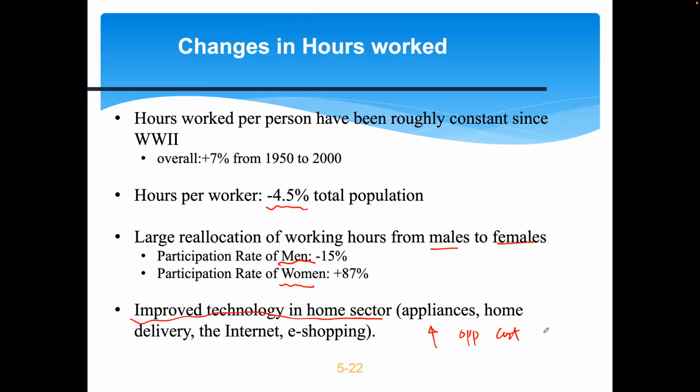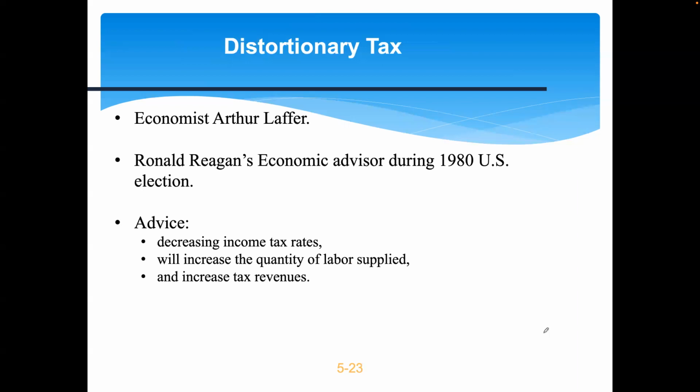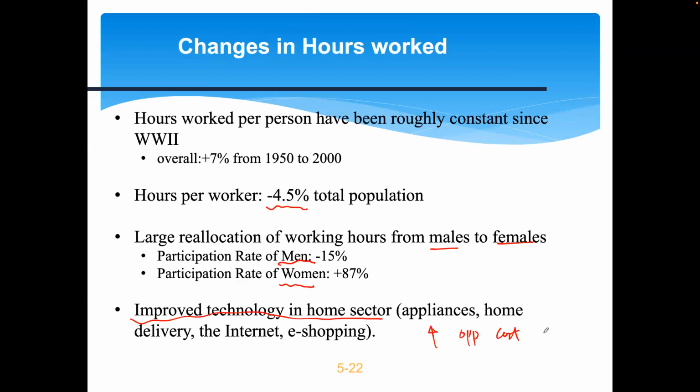So if you do this yourself, you save very little money, but you forgo the high wage you would earn in the market. So in that sense, the opportunity cost of staying home increased, and this is particularly true for women, because usually they were good at doing this housekeeping, right? So that partially explains why the labor force participation rate for women increased significantly after World War II.